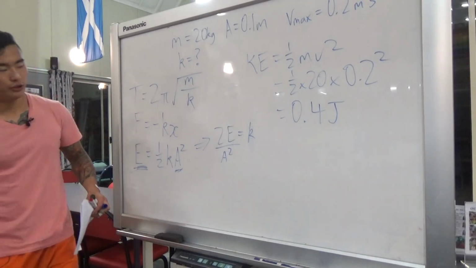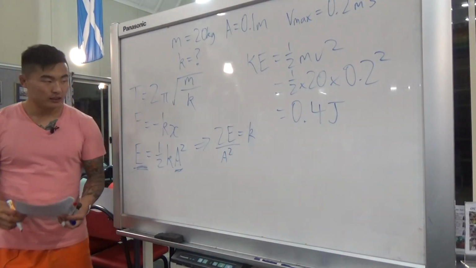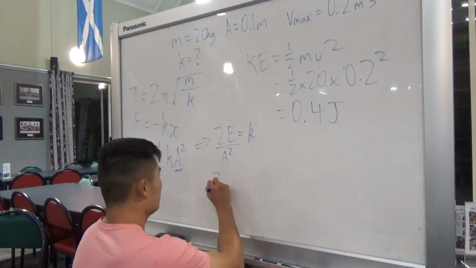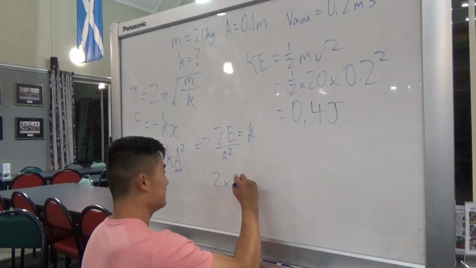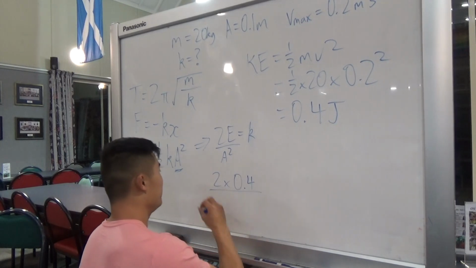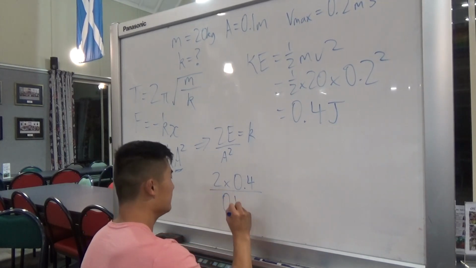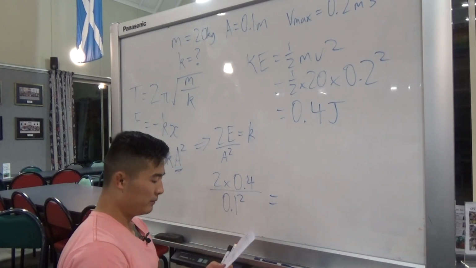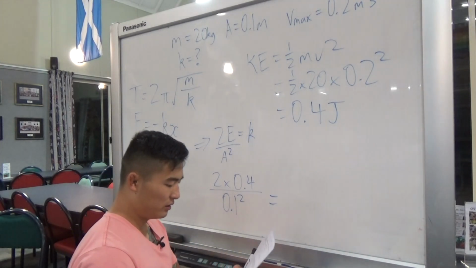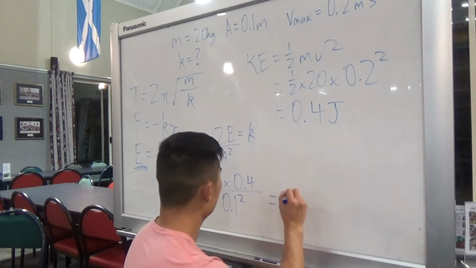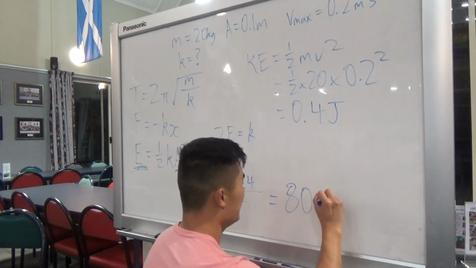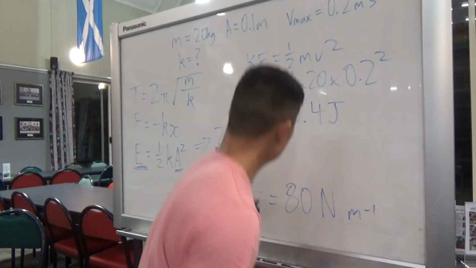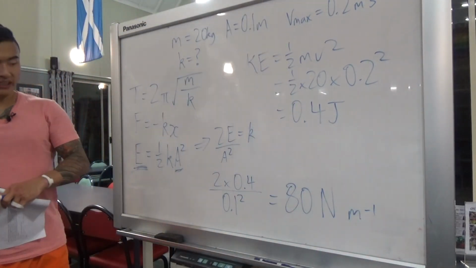So K is equal to 2E over A squared. We'll just substitute the numbers: 2 times our energy, 0.4, divided by our amplitude, 0.1, squared. That equals 80, so 80 newtons per meter. That's the value of K.